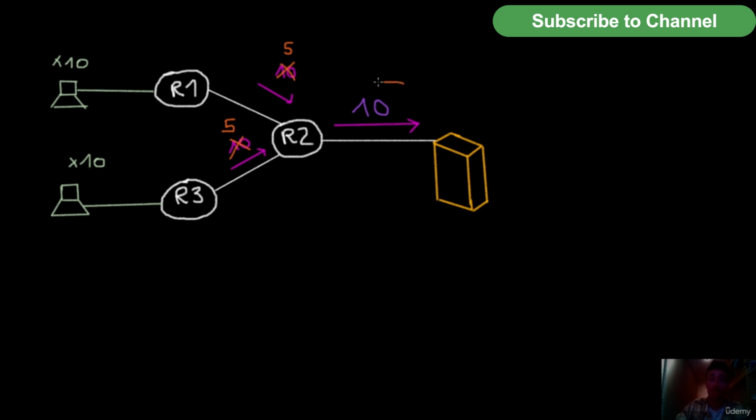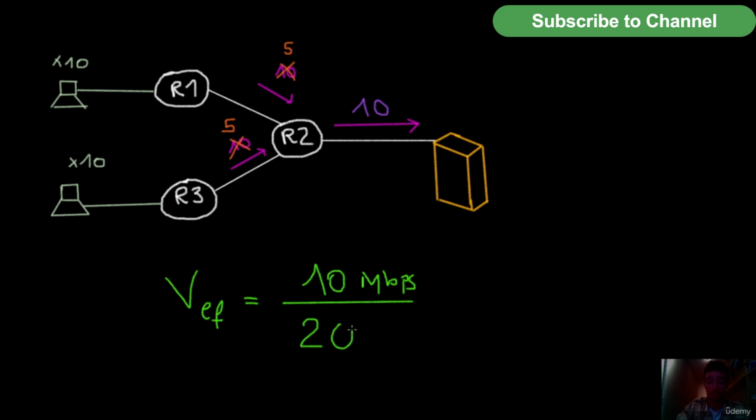Well, if we're sending 10 megabits per second and we have 20 PCs, then the effective velocity is equal to the amount of data that we are sending, in this case 10 megabits per second, divided by the total amount of PCs that are sending, in this case 20 PCs.